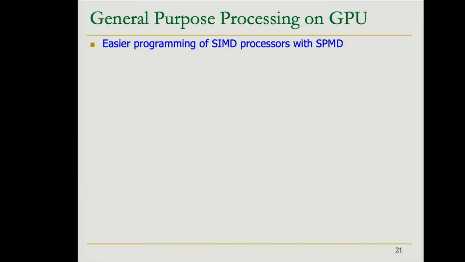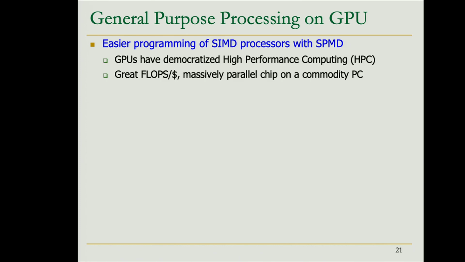This trend of general purpose processing on GPUs, as I said, started 12, 13 years ago, and the most interesting contribution here is that it's easier to program SIMD processors with the SPMD programming model. We already discussed this SPMD programming model the other day.